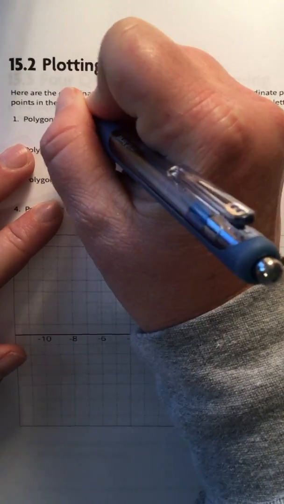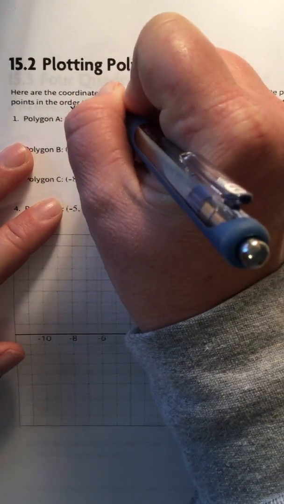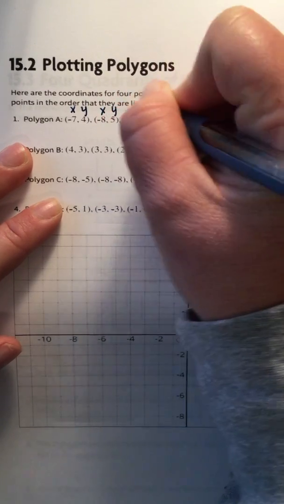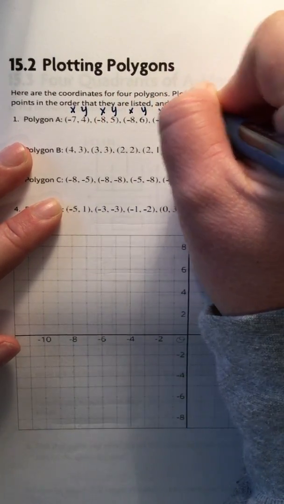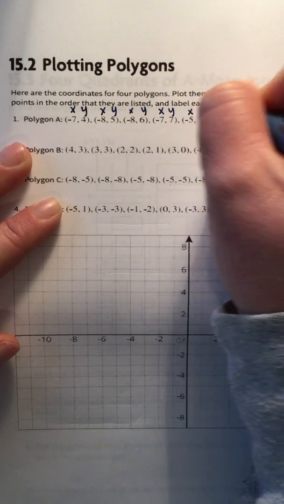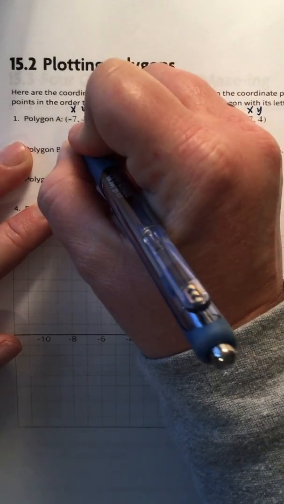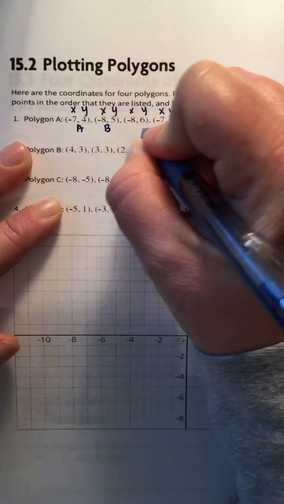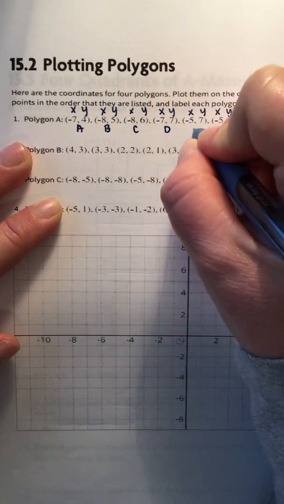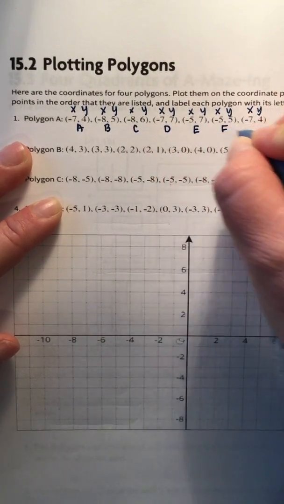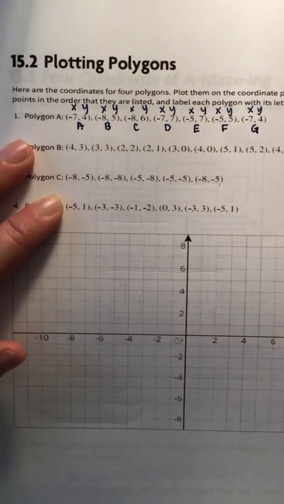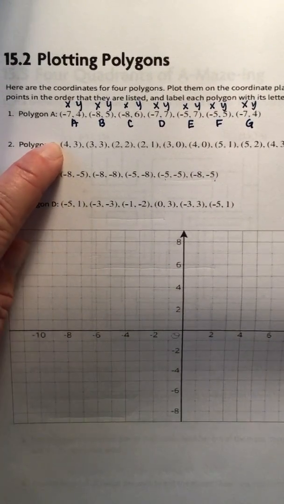I'm going to write the X and the Y above all these so I know X and Y, X and Y. And then I'm going to give them all a letter.